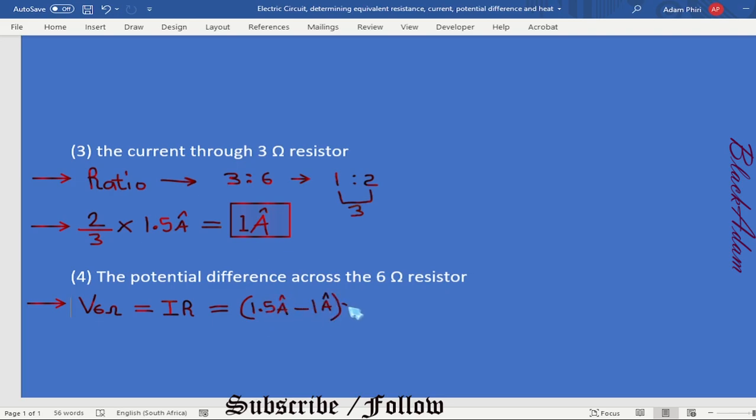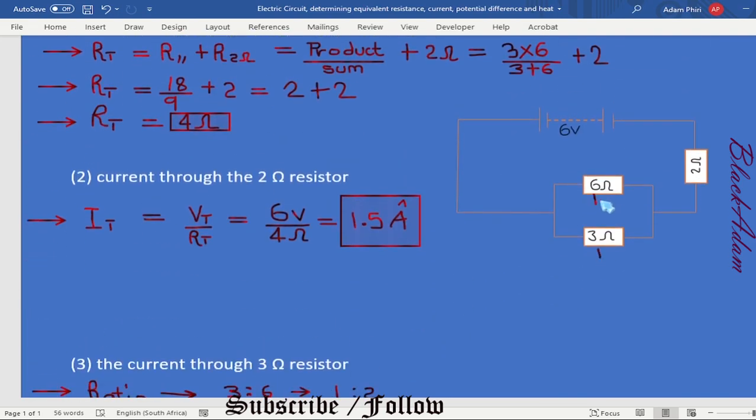From the 1.5 ampere total and the 1 ampere, the current through the 6 ohm is 0.5 ampere. And what comes in must go out, so 1.5 ampere in, and 1.5 ampere out. The input and the output have to be the same.